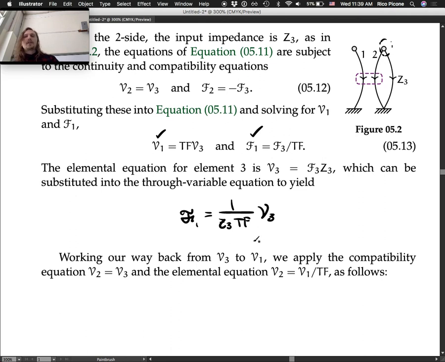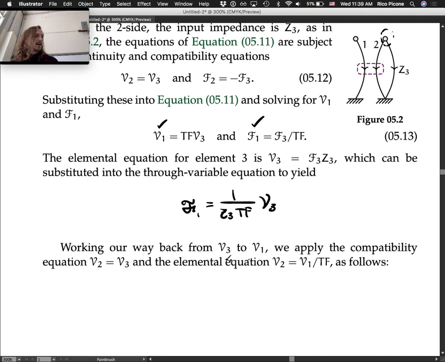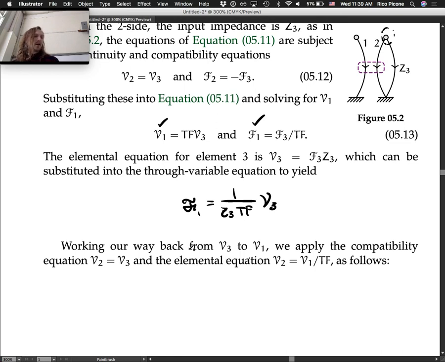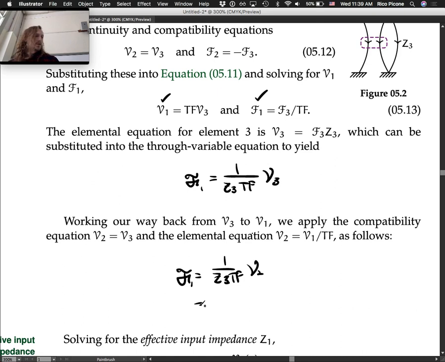You can do this, or you can just use this equation. However you want to eliminate it, you've got to get between F1 and V1, and you get F1 equals 1 over Z3 TF times V2, which is equal to 1 over Z3 times TF squared times V1.